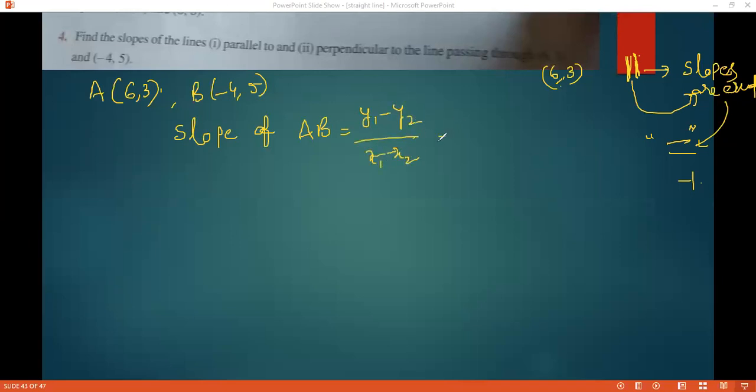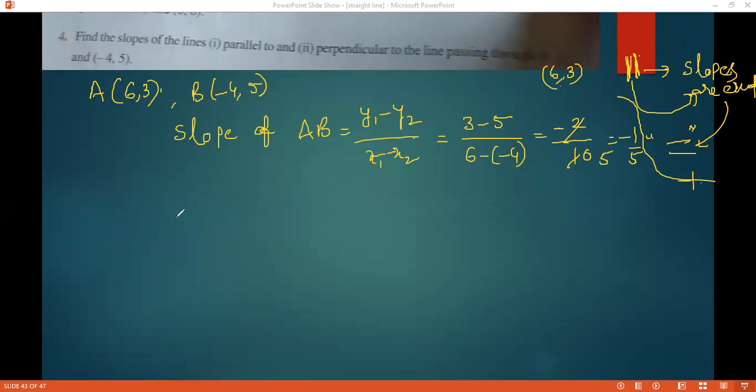So y1 is 3 minus 5, by x1 is 6, 6 minus of minus 4. So minus 2 by 10, that is minus 1 by 5. This is our slope.